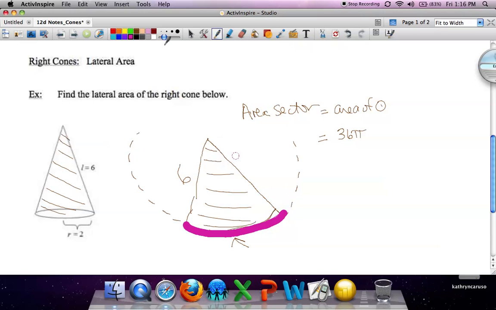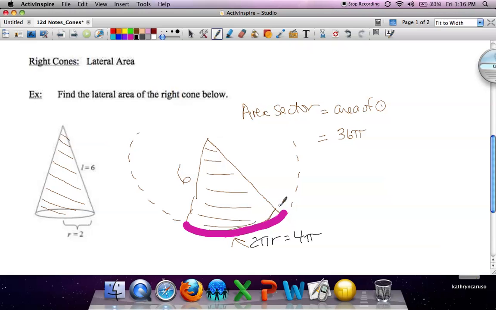This part here we can think about as being just the circumference of this cone's base. So the circumference is 2 pi r, and for this problem, what's the r? R is 2, so it's 4 pi.